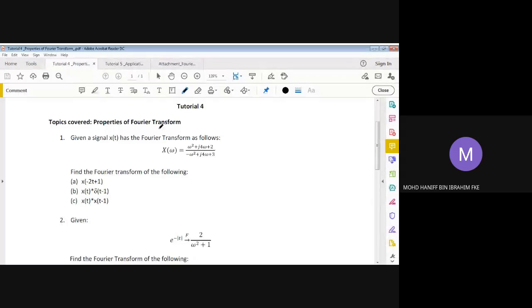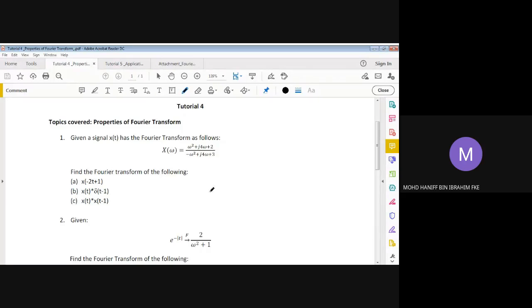Got a problem with my tab here. It can't be connected. Sorry for this problem. Okay. Now I can do it using this. Okay, let's go back to this case. Right, see what I can do here.